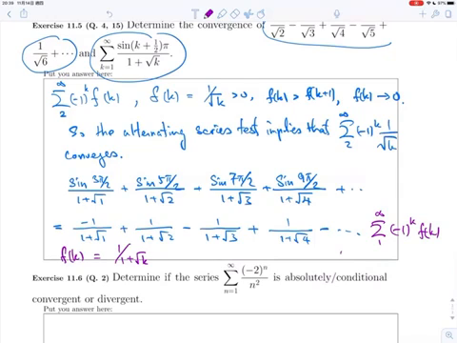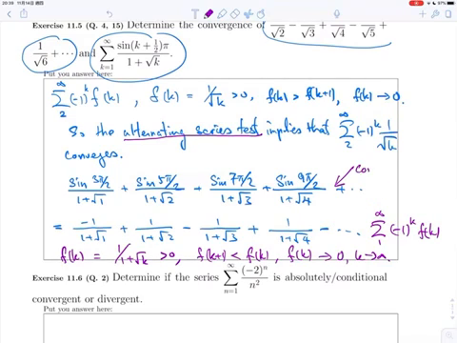And so this function obviously is positive, and the larger the k, the smaller it is, and fk goes to 0 as k goes to infinity. So by the alternating series test again, this series converges.